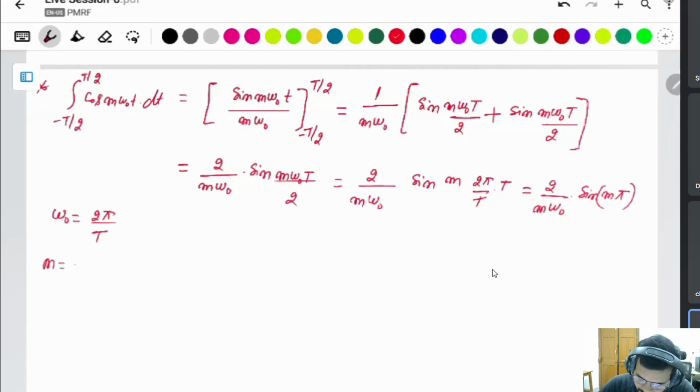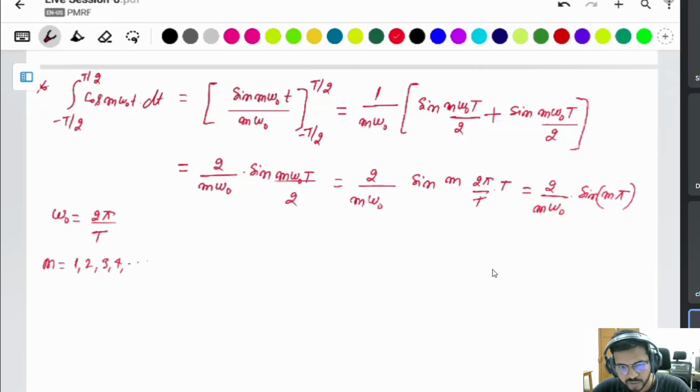Here m is an integer value only: 1, 2, 3, 4 and so on. If m is equal to 1, sine pi is 0. If m is equal to 2, sine 2 pi, which is 360 degrees, is 0.